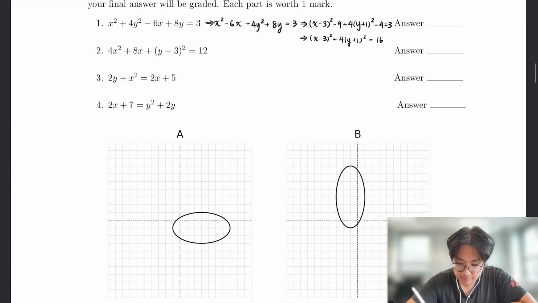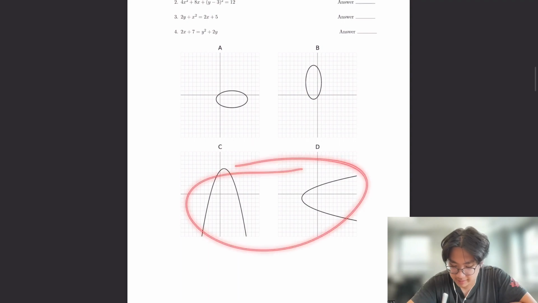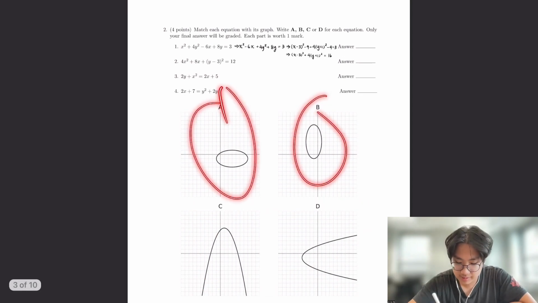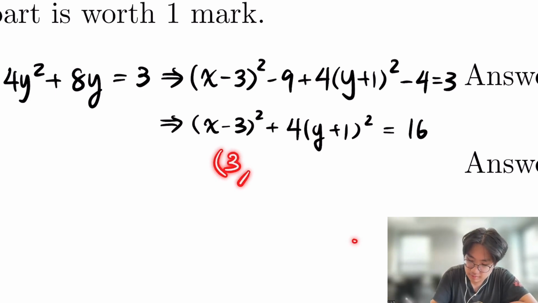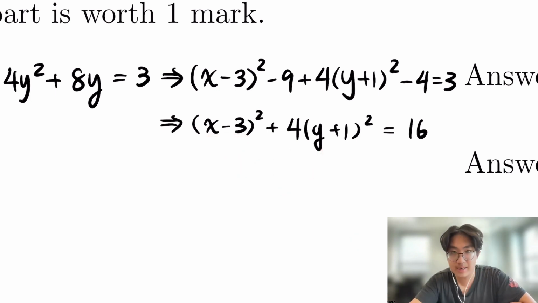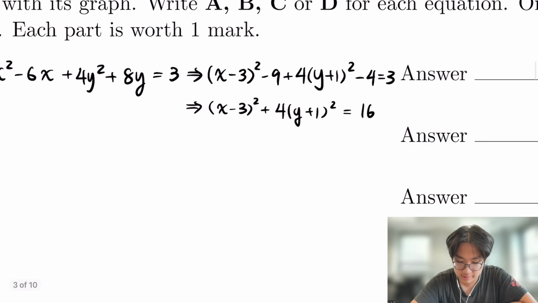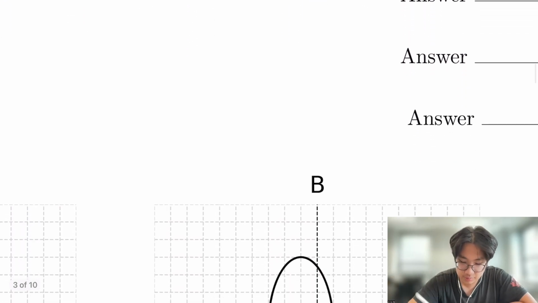So in this case here, you're able to directly tell because obviously these two are not ellipses. So it's either between A and B. In this case, we know that the center of our ellipse is at 3, comma, negative 1. Again, just finding the values of x and y that make the inner parts 0 respectively. So 3, negative 1.